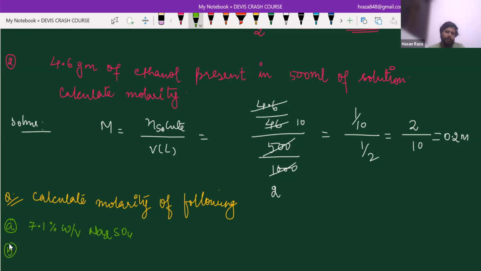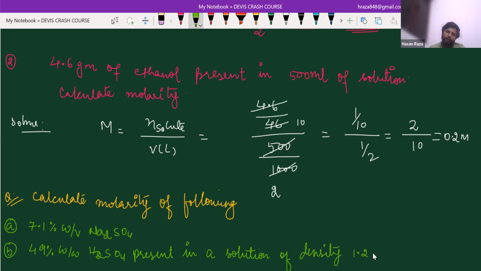The second is 49% weight by weight H2SO4, present in a solution of density 1.25 gram per ml.